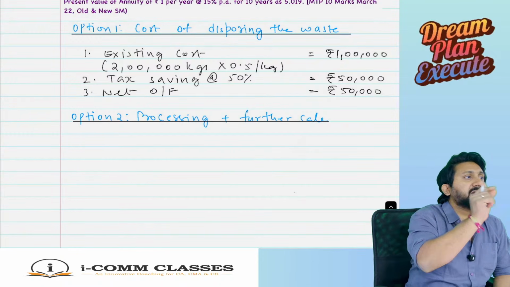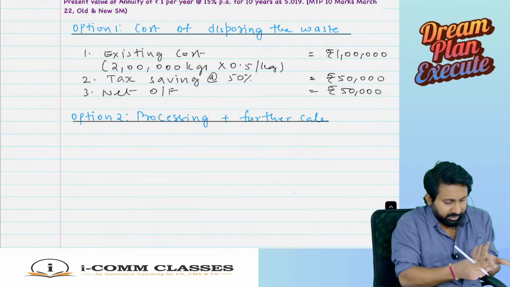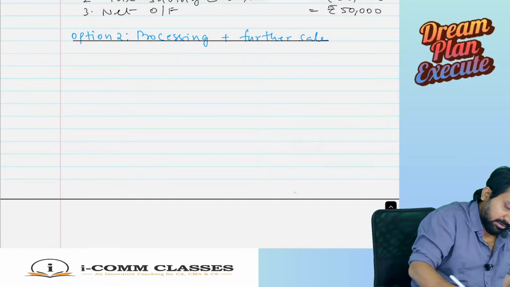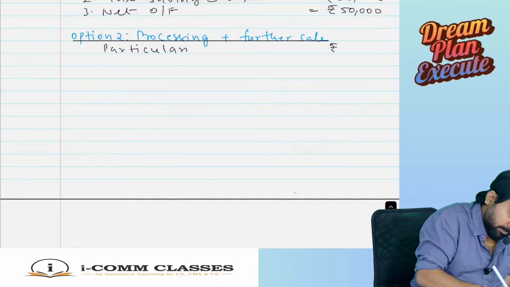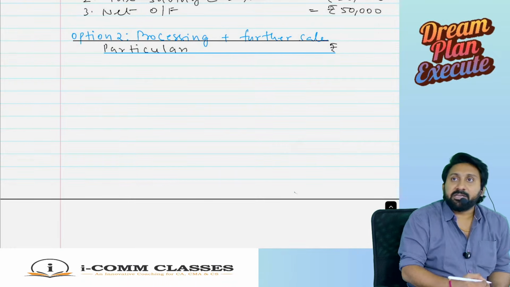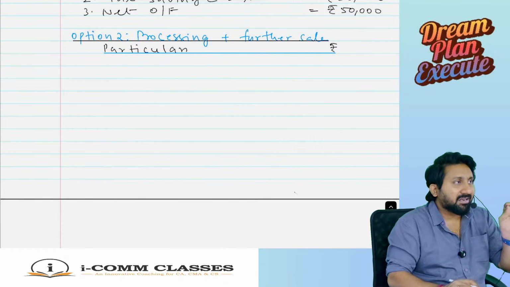Another 2-3 important adjustments are there that I did not tell because I have to tell and write. Okay. Let us now write down processing and further sale. One by one, tell the answer first.